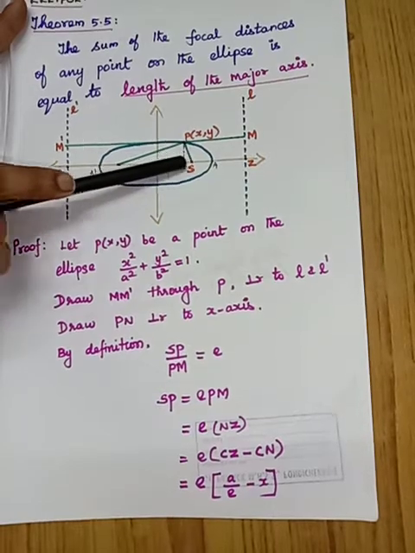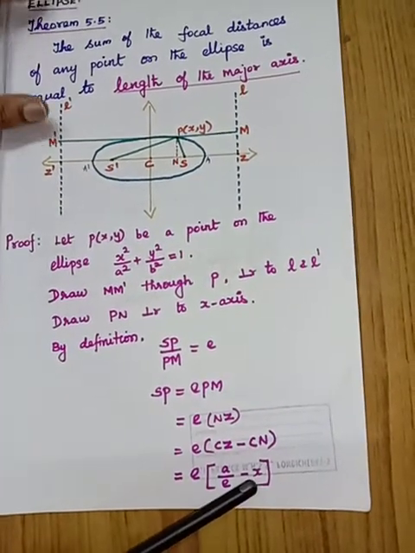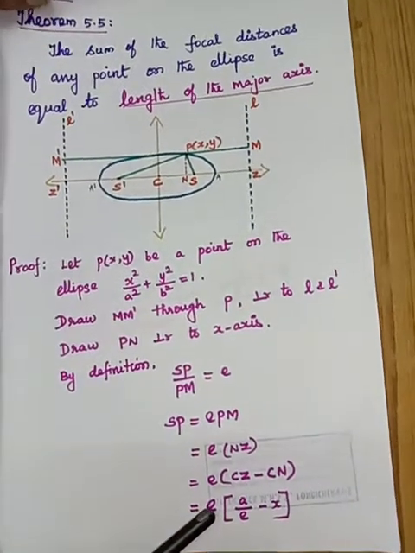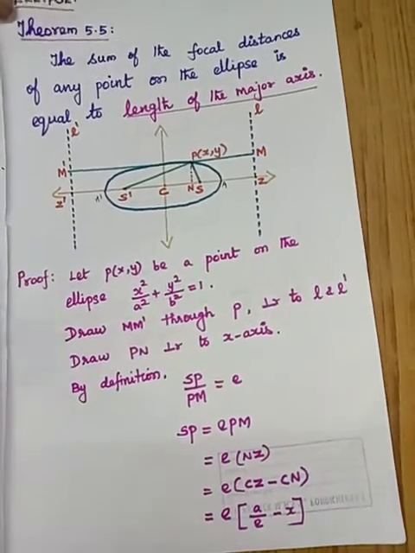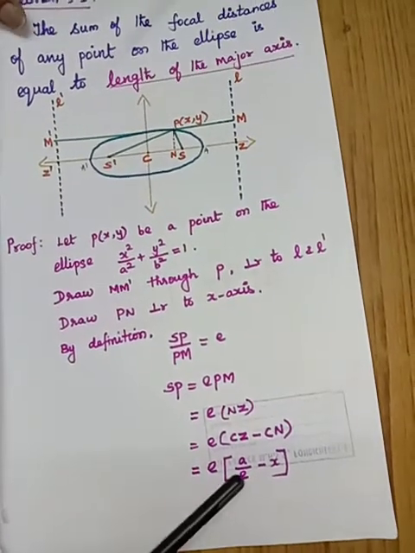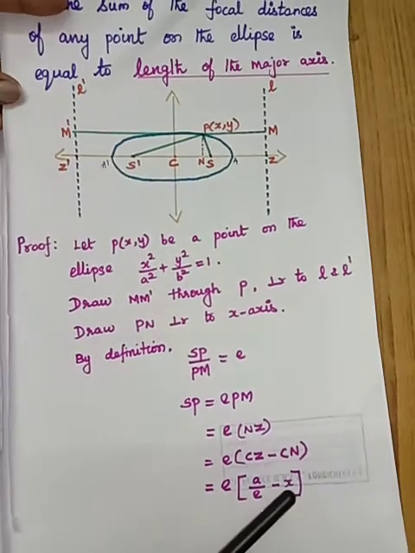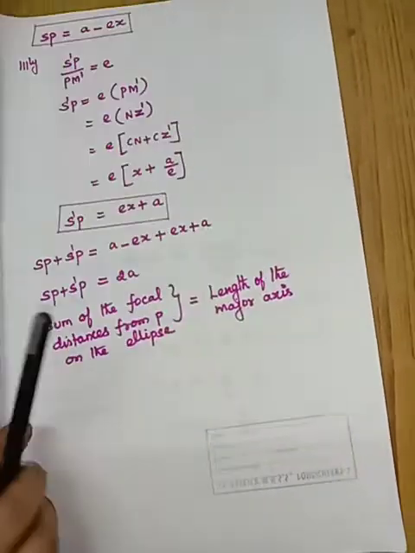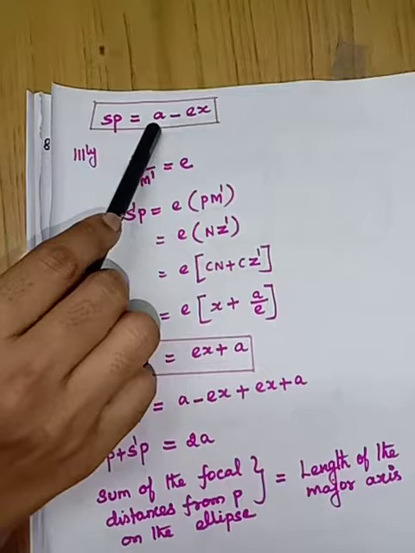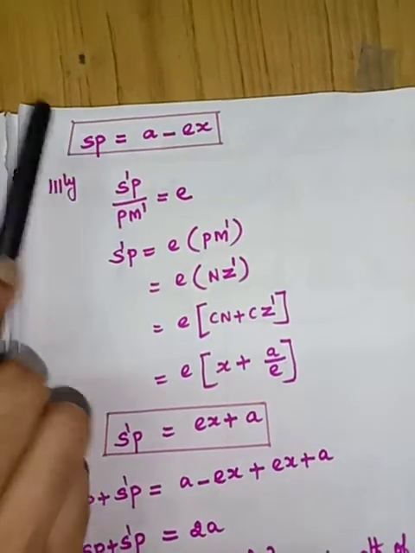So in the place of CN I have substituted x. Next, I have to multiply both terms by e. So e into a by e, the e gets cancelled and you get the term a. e into x is ex. So here your term is a minus ex. That is your SP.